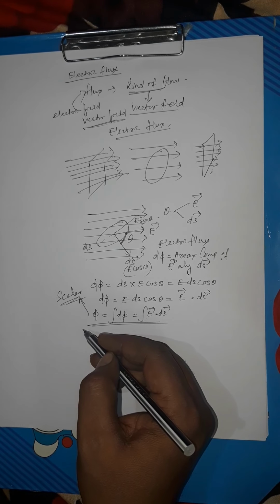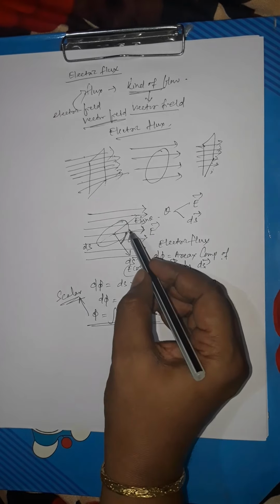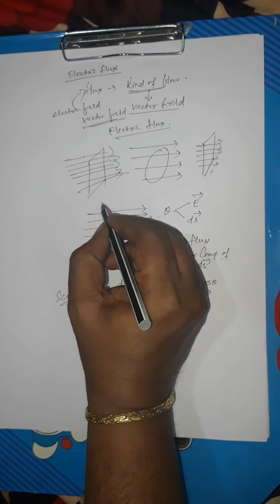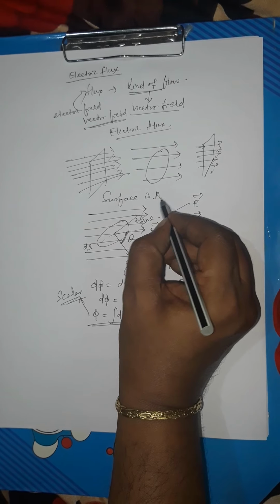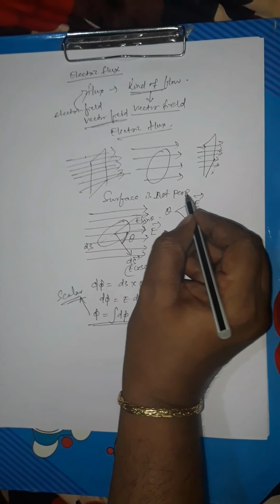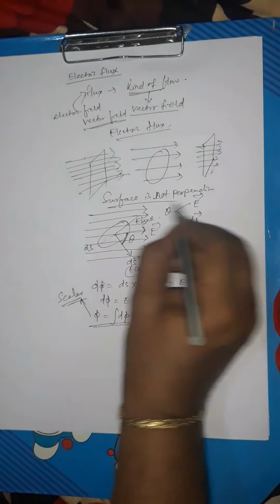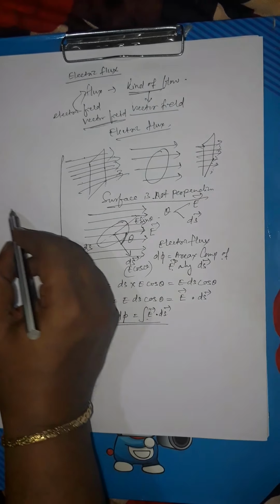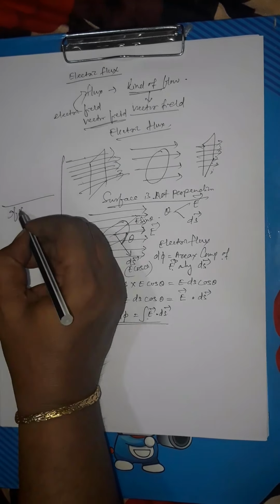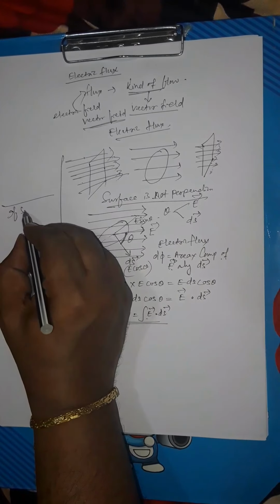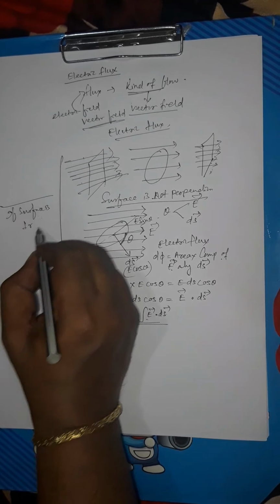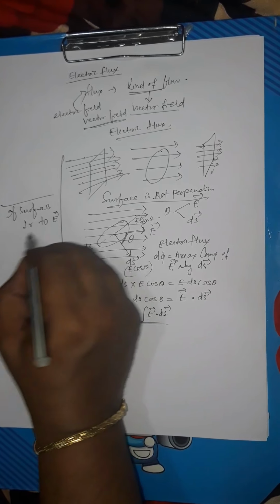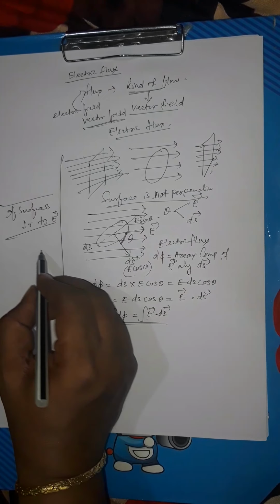And here the surface is not perpendicular. Now I'll check what would happen if the surface is perpendicular to the electric field.